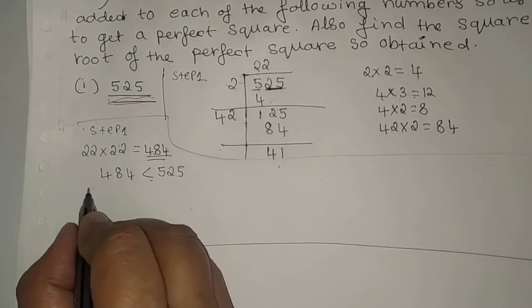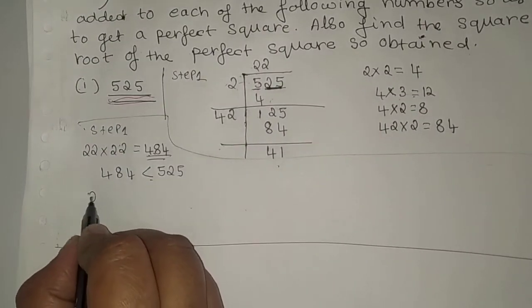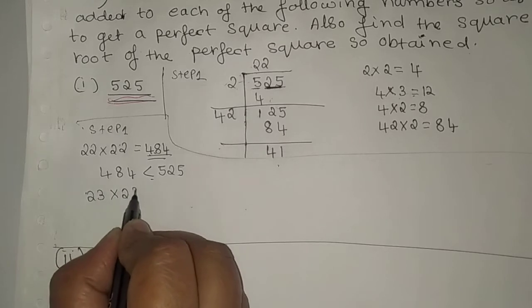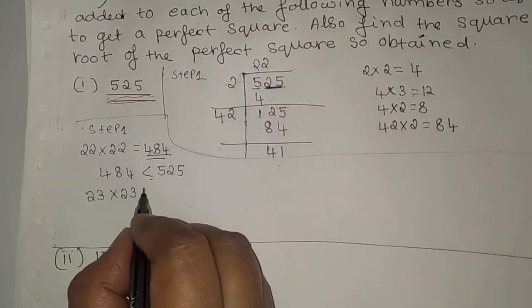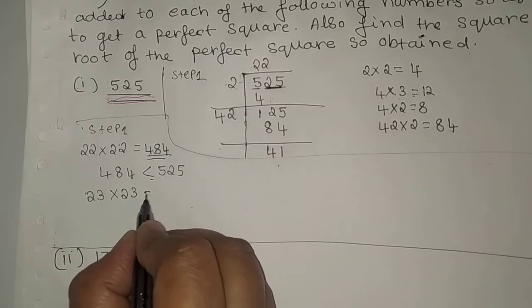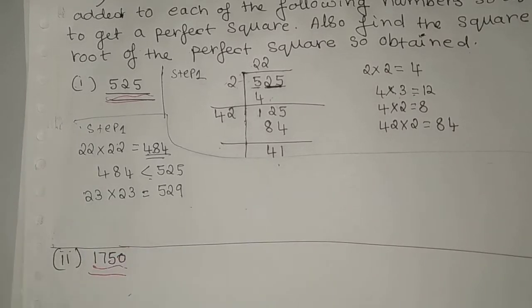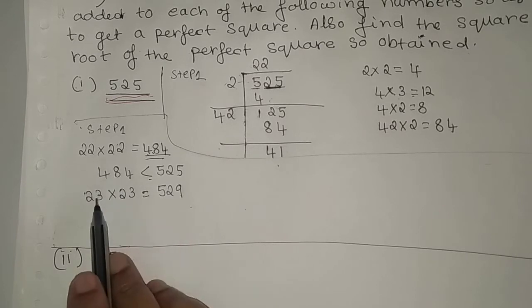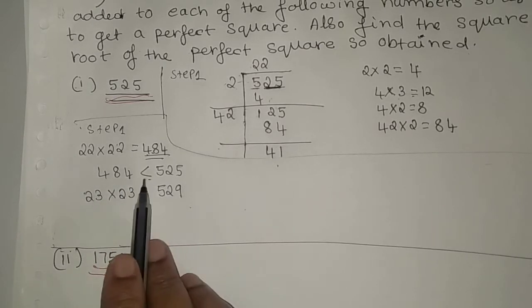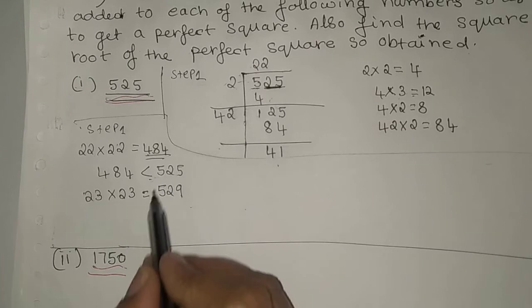What is the next number? Next number is 23. So 23 into 23 equals how much? That is 529. We have to go to the number which is more than the given number, the given problem.